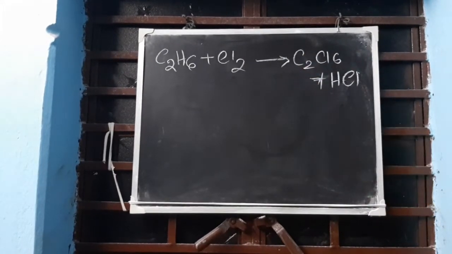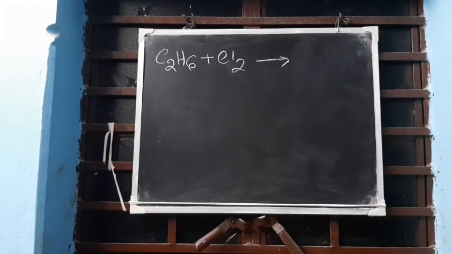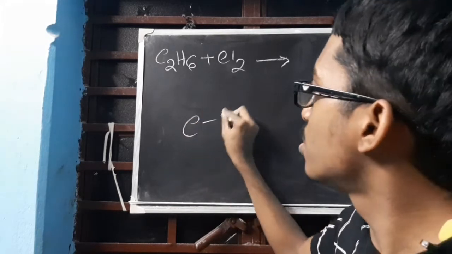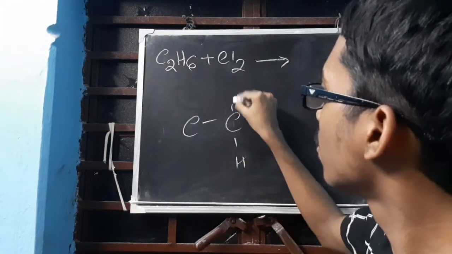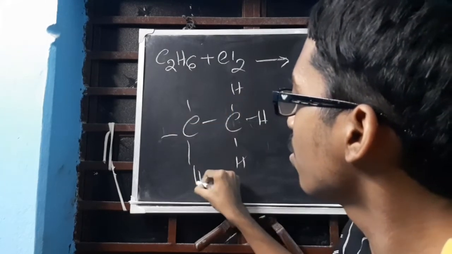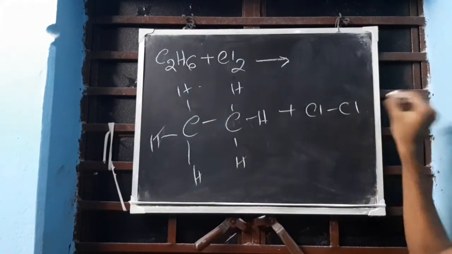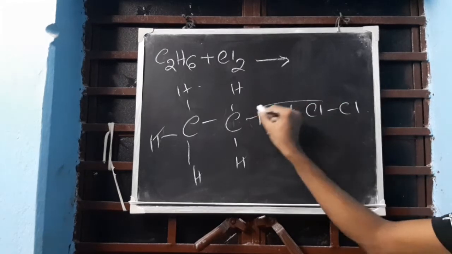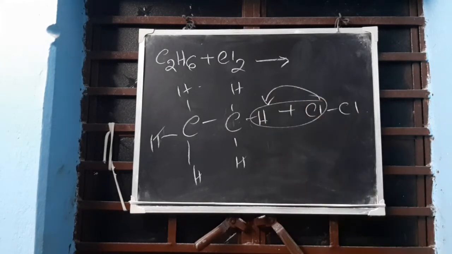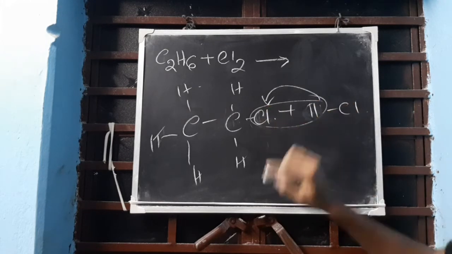How and why? Step by step. I am just showing one step, I will not show every individual step. First step, two hydrogens cannot be replaced at once. Now this hydrogen is here, this chlorine is here.